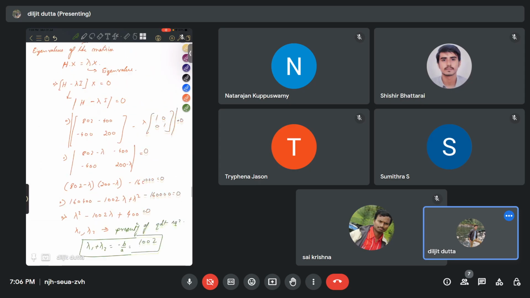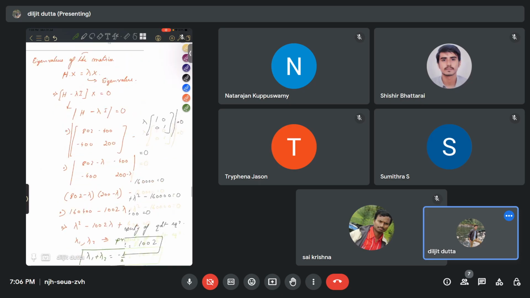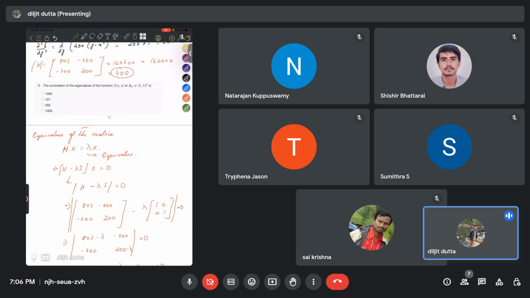So the correct answer is that the sum of the eigenvalues is 1002.